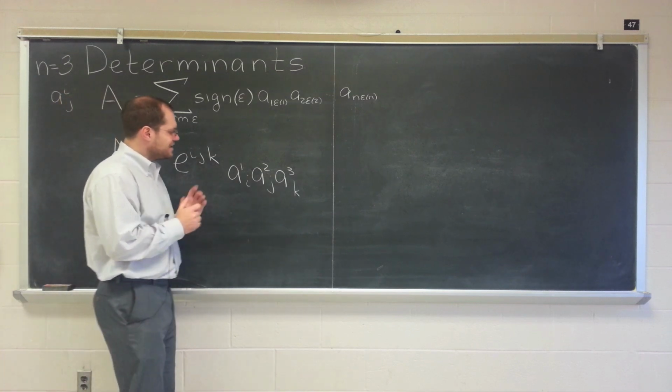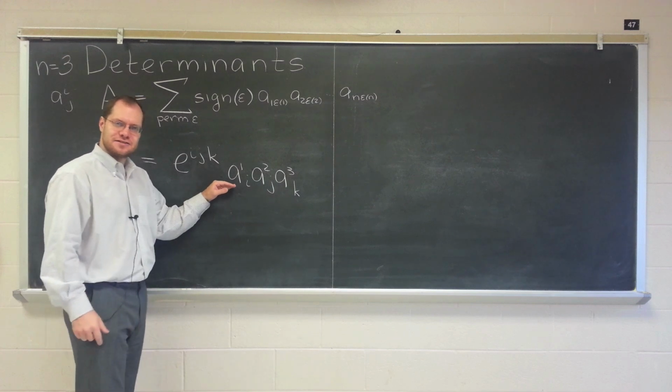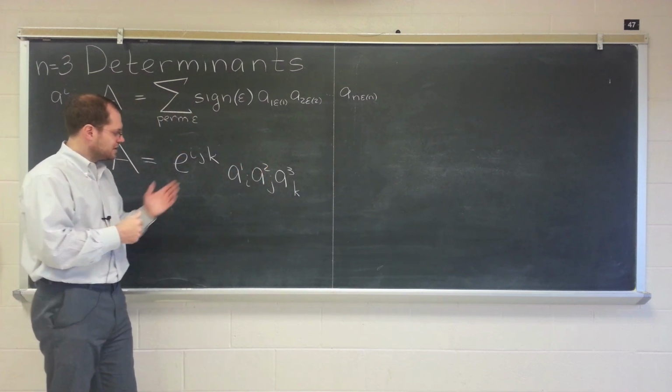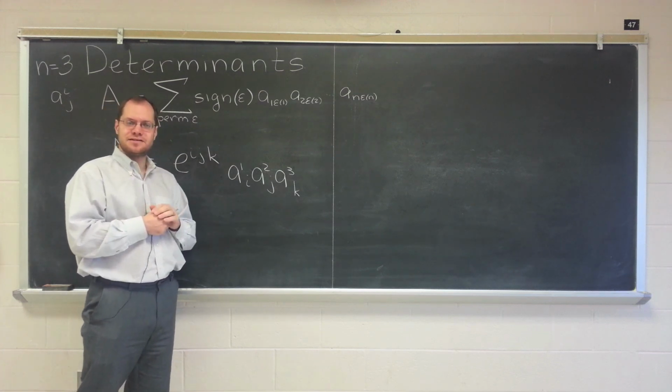In fact, let's see what would happen if instead of this definition, I switched 2 and 1. Would we get A? Would we get minus A? Or would we get something completely different?